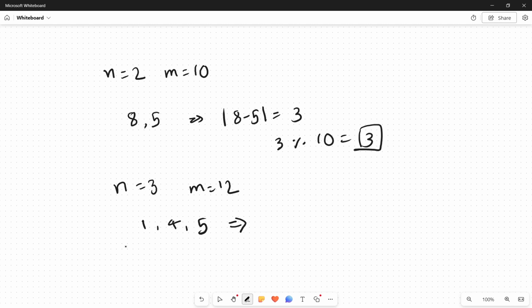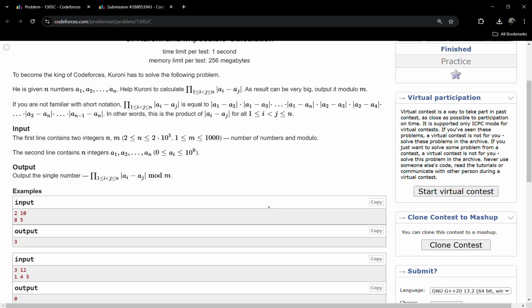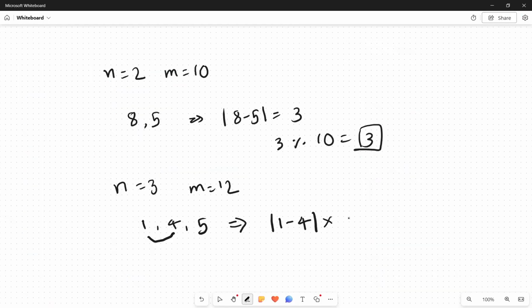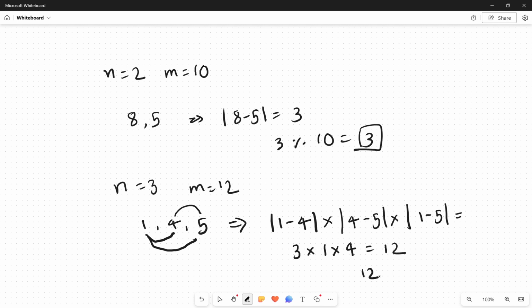So this is one pair, mod of 1 minus 4, into mod of 4 minus 5, this is one pair and this is one pair, so into mod of 1 minus 5, which will be equal to 3 into 1 into 4, that is 12, and 12 modulo m, which is 0.